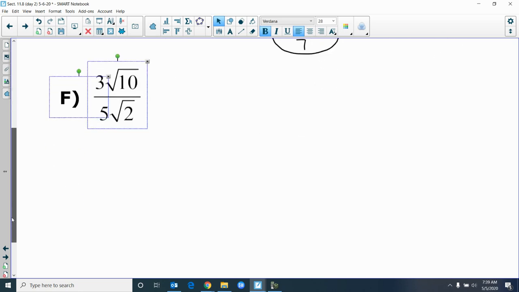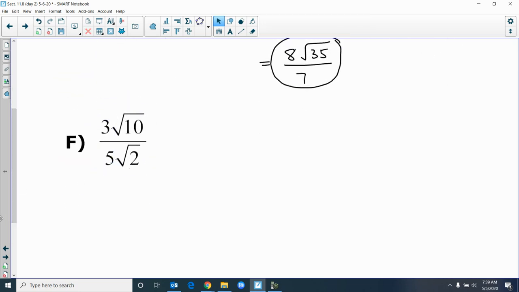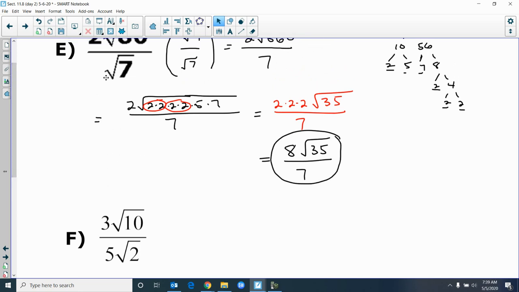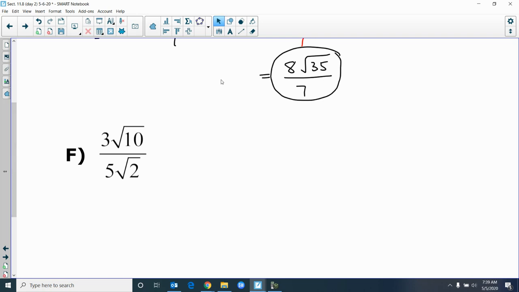Okay, now this one here. This one is slightly different because all the other ones just had like a 7, or a 5, square root of that. This one has 5 square root of 2. The easiest way to do this one is all you have to do is figure out what is underneath the radical, and you multiply the top and bottom by that.